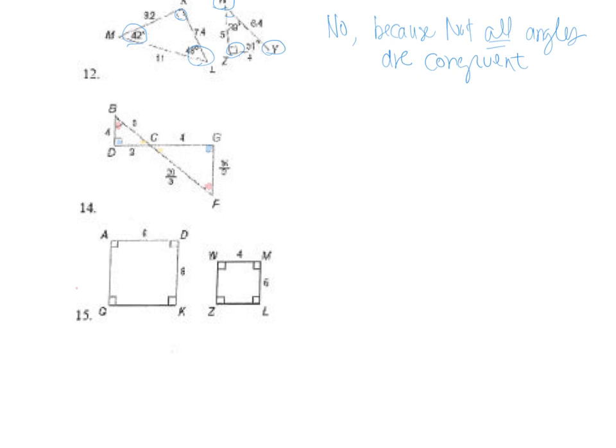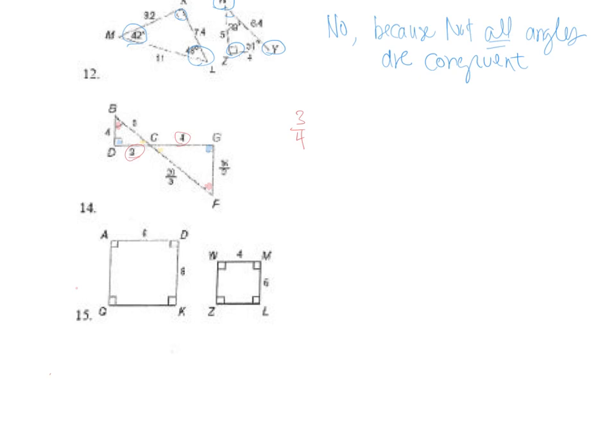So if I look at the sides here, I need to figure out what the scale ratio is. And so if I look at the smallest one here to the smallest one here, that is 3/4.